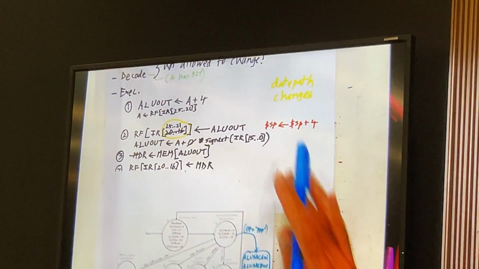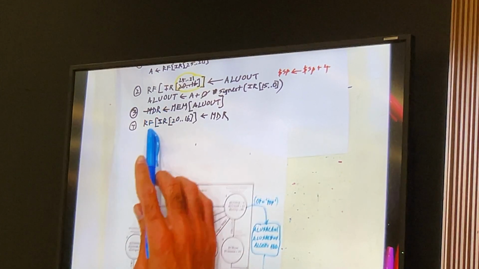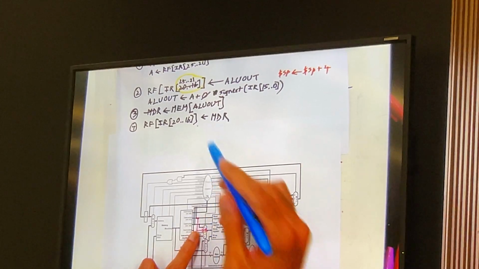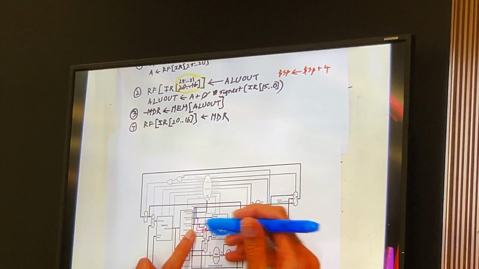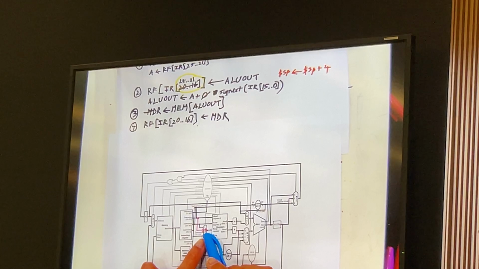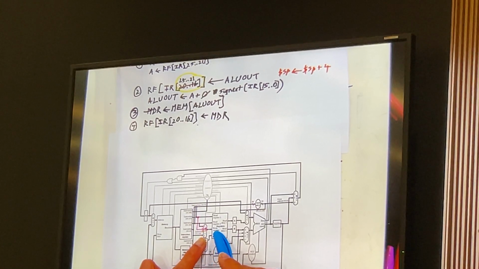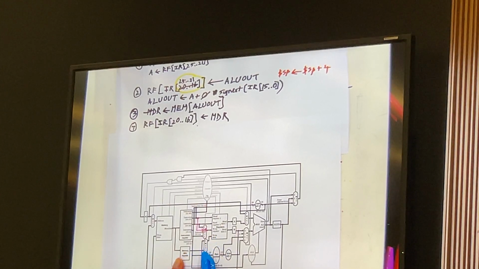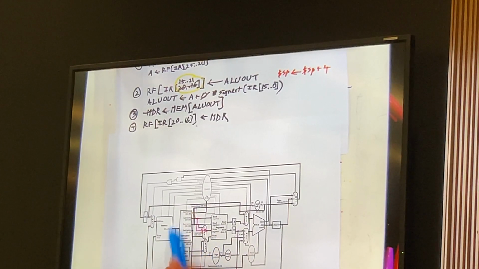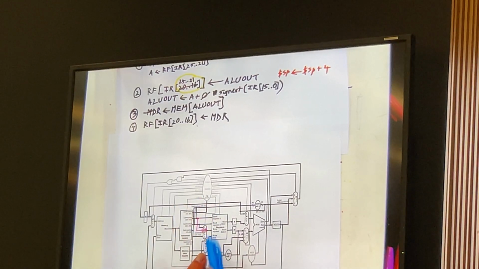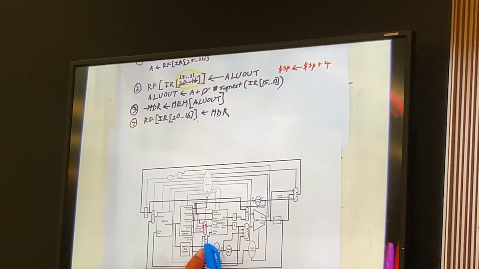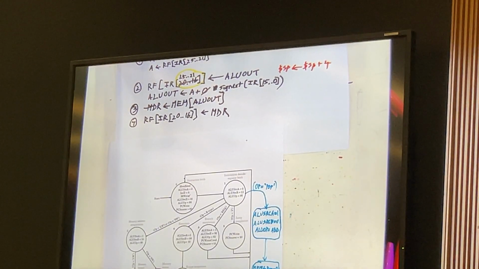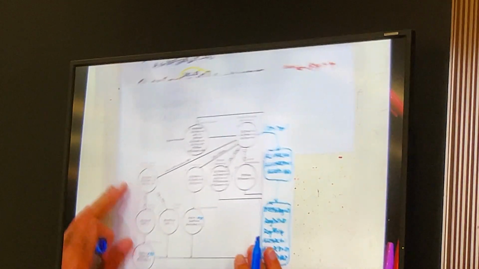Okay, so we have cycle 3 done. Cycle 4, let's see what we're going to do for cycle 4. Register file of IR of 20 to 16. So that means this mux, which is reg dest, has to be a 0. This mux has to be coming from MDR. So this mux, whatever it's called, mem to reg is a 1. So reg dest is a 0. Mem to reg is 1. And we're doing a reg write. Okay.